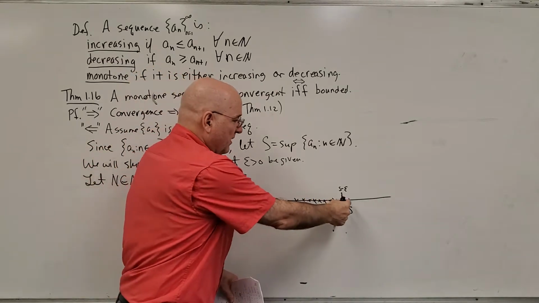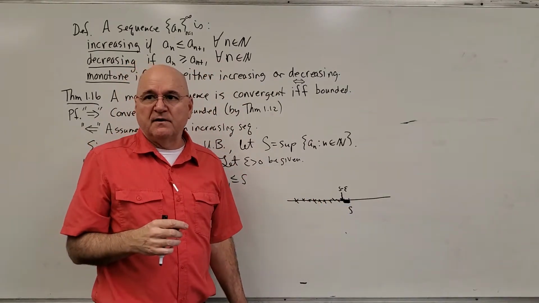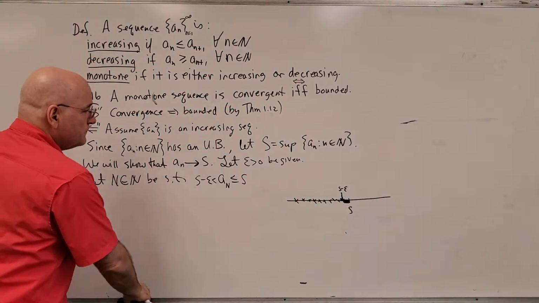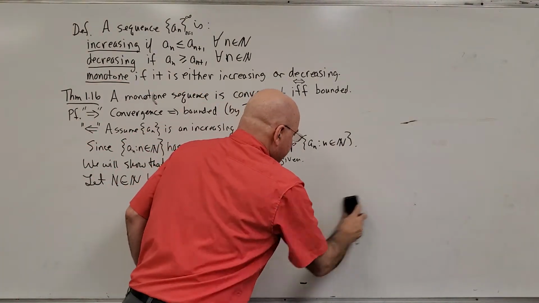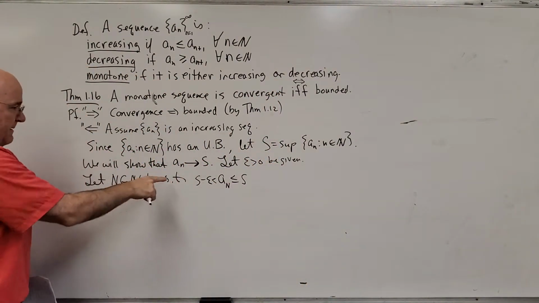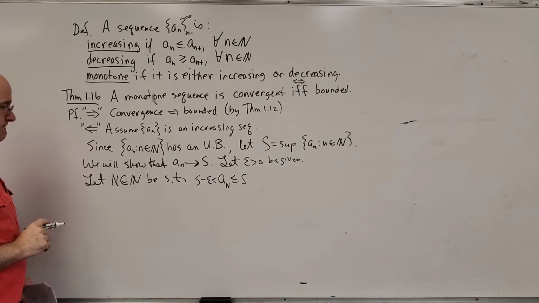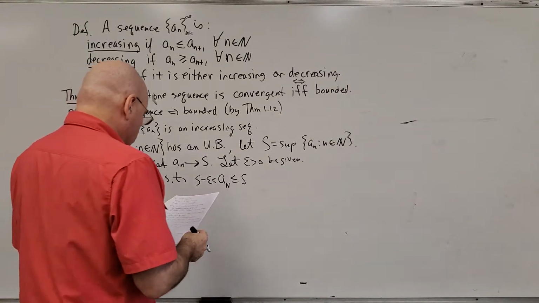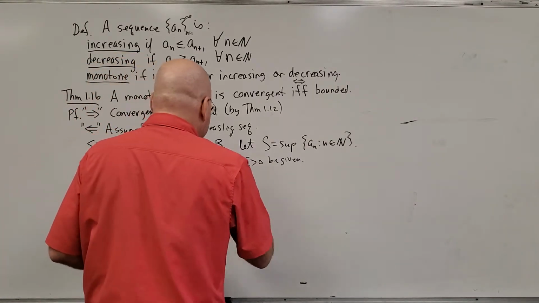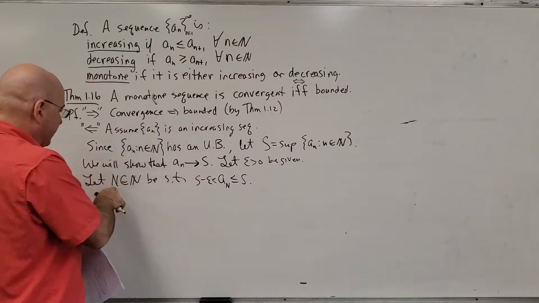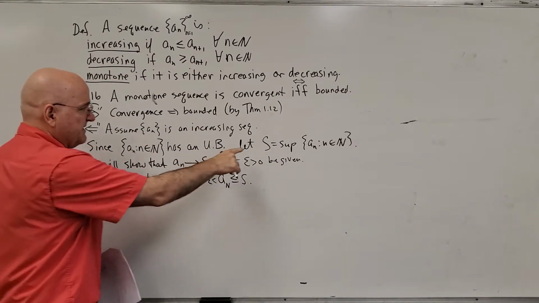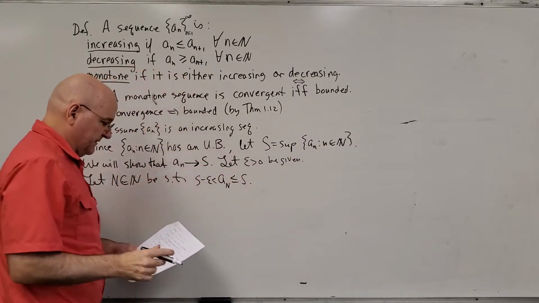I could say, oh, well, S minus epsilon is an upper bound that's lower. So because of our definition of S, this absolutely has to exist. So we know capital N exists because S is the supremum of that set.